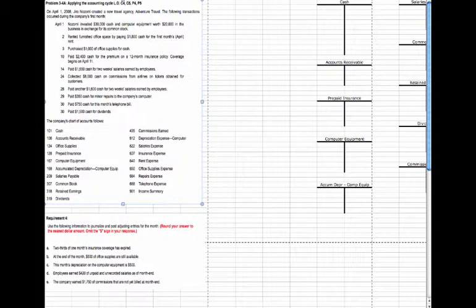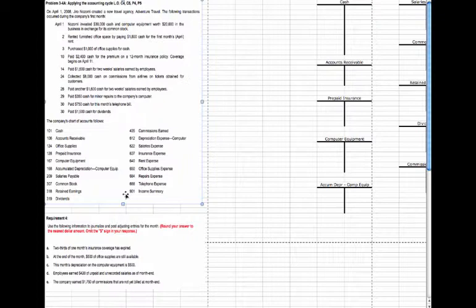What the problem asks us to do is to record the journal entries that we would have to make for each one of these transactions. Now, they helped us out here by giving us a chart of accounts to work with, which is right below here. And these accounts, from account 101 for cash all the way to account 901, which is the income summary, are the accounts so that we can consistently apply these transactions to the correct accounts.